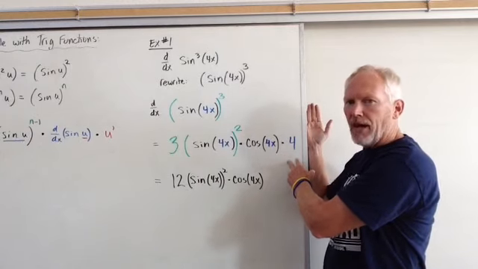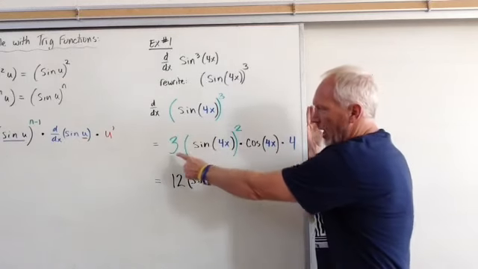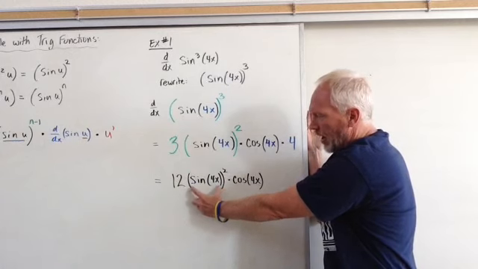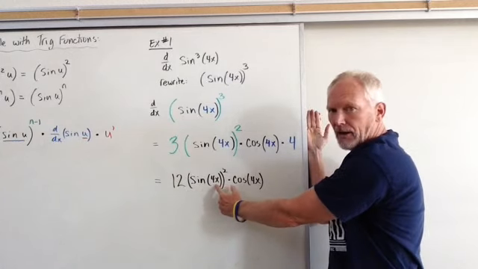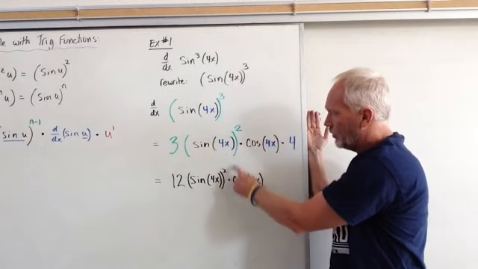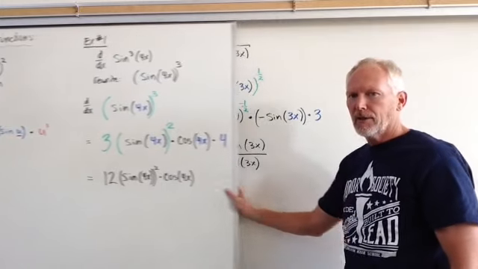So now we want to combine everything together. The answer is 4 times 3, which is 12, times sine 4x squared. Hopefully you can see that squared right there. We've got that 2 from there. Times cosine of 4x. All right.